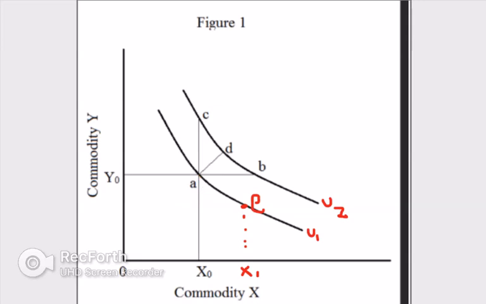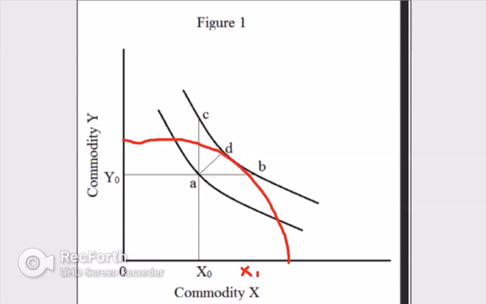Let me just clear off all this rubbish now, so we don't need it. Now, let's add the idea of putting a production function into here. So let's say this is the line of the production function. It's the marginal rate of transformation.